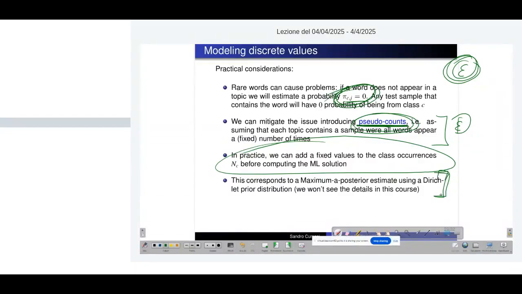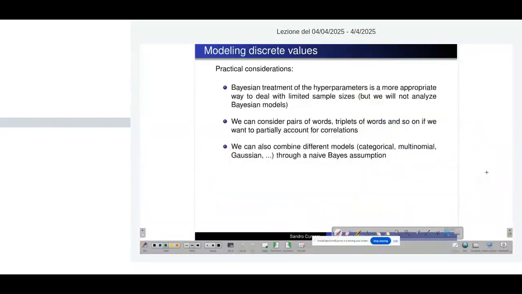Here you have the details if you want. The approximation is a maximum a posteriori estimate of a Bayesian model that uses what is called the Dirichlet prior distribution. But as I said, this we will not see.